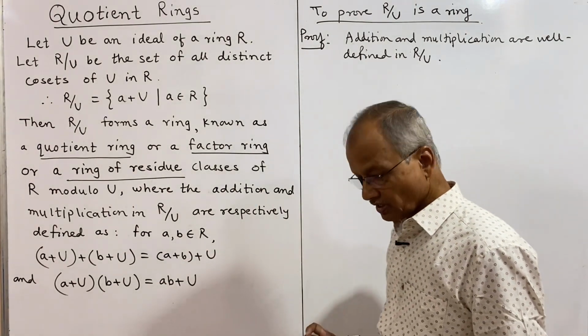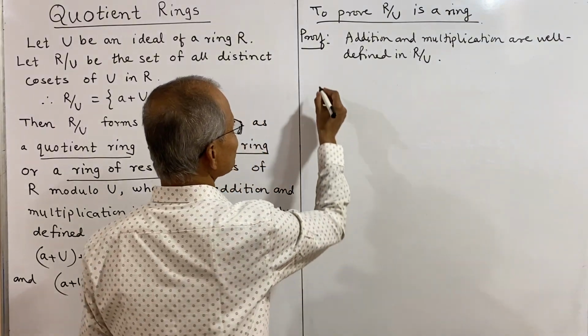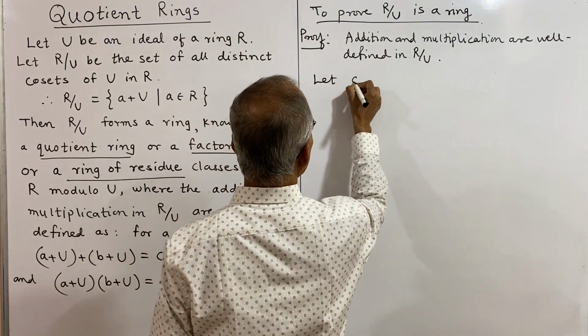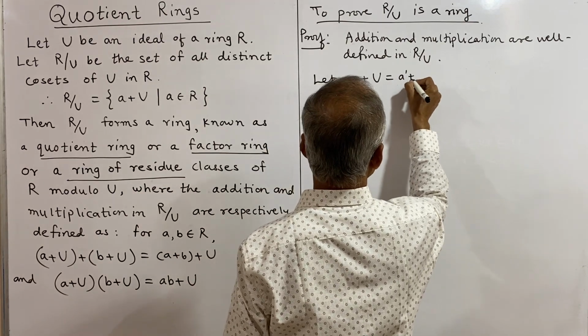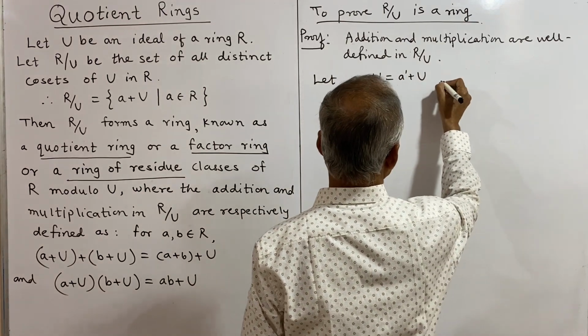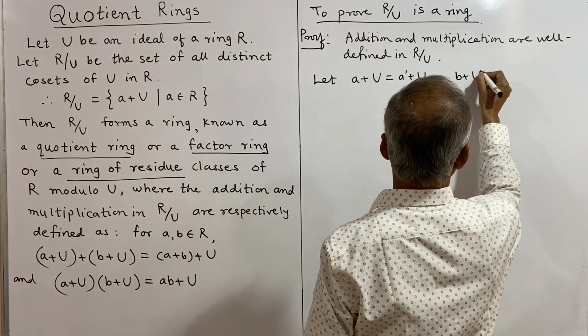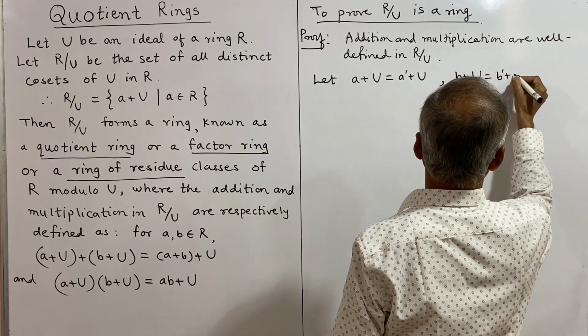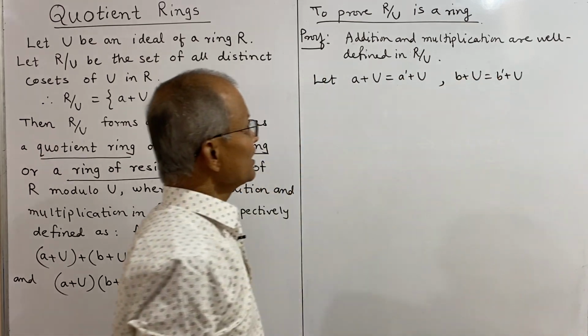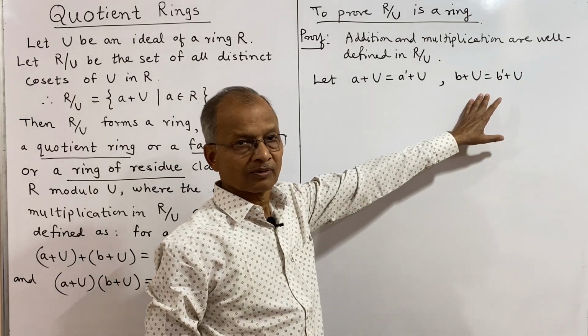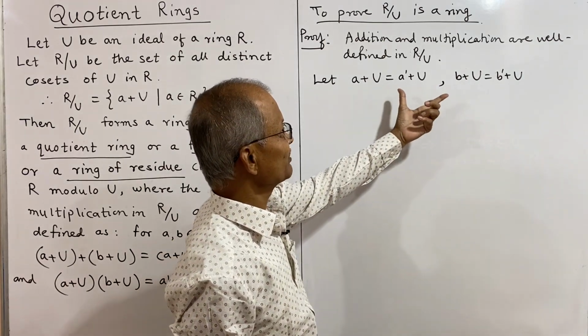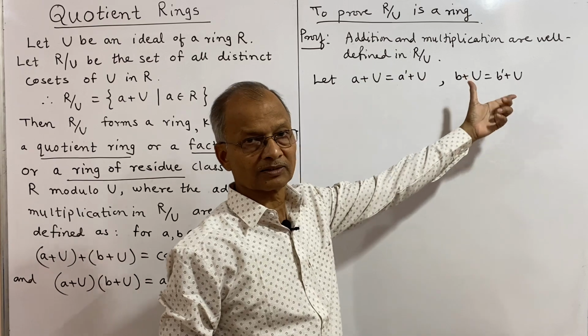See, what we should consider is, let a plus U be equal to a' plus U, and b plus U be equal to b' plus U. If these two elements are respectively equal, then their sum on the left side must be equal to the sum on the right side.